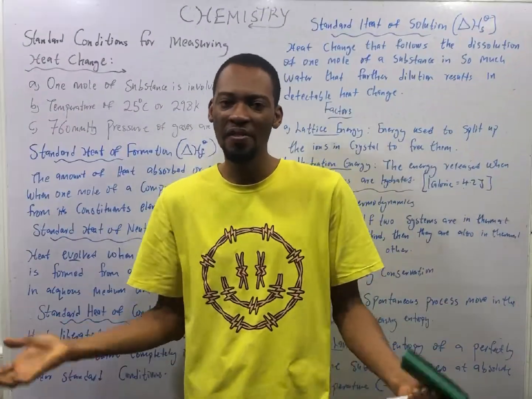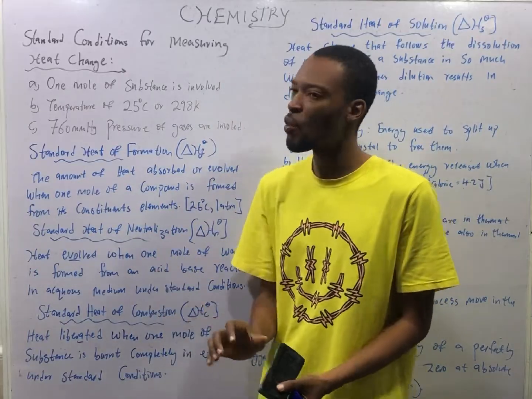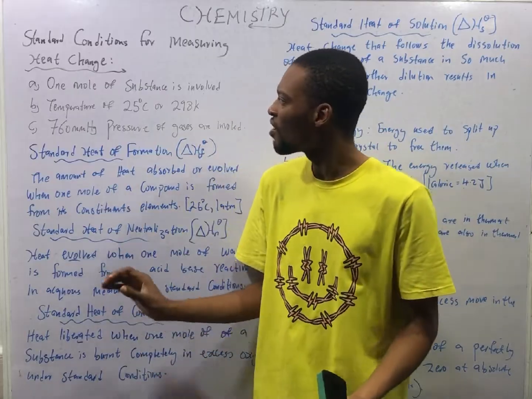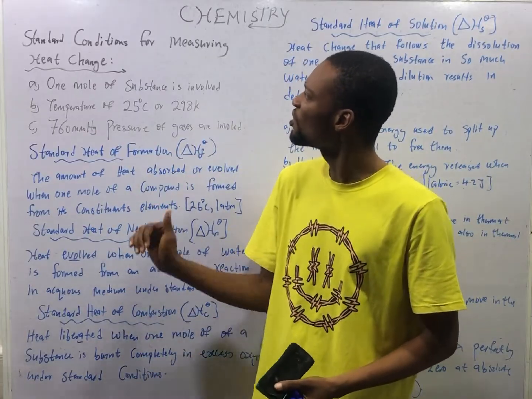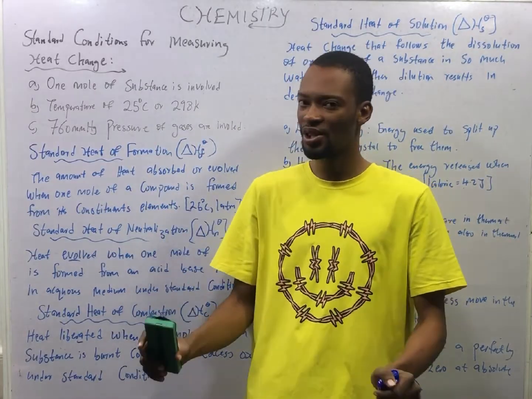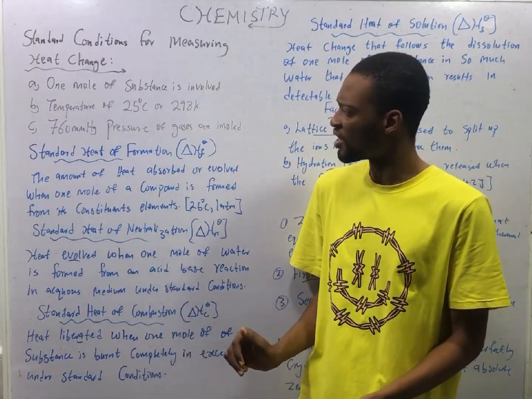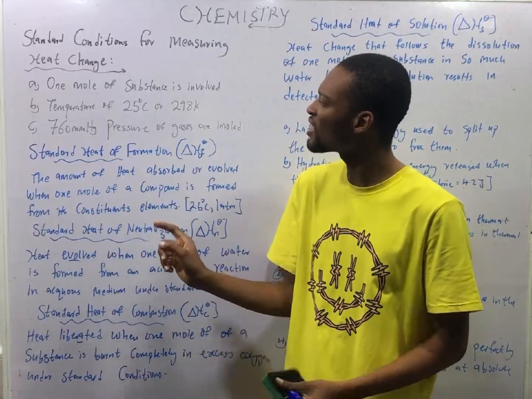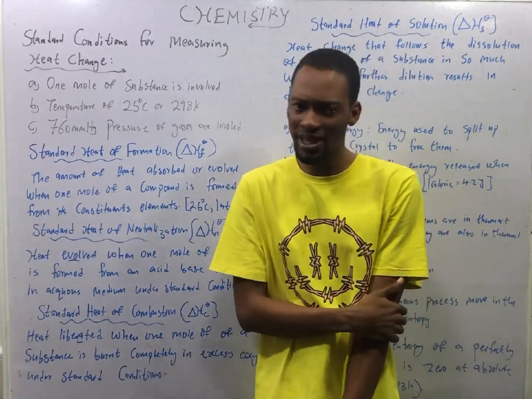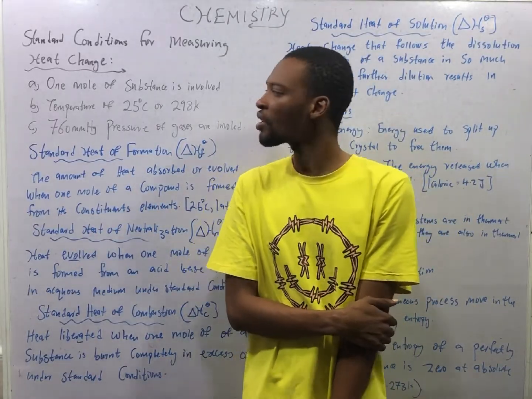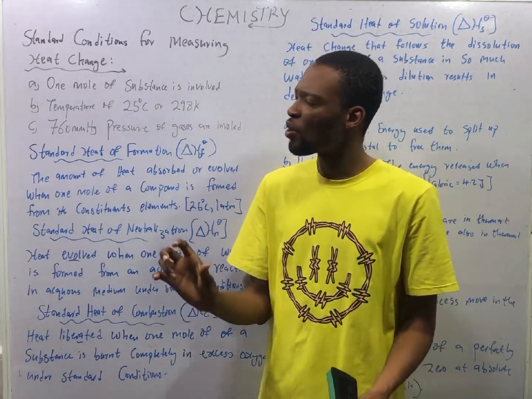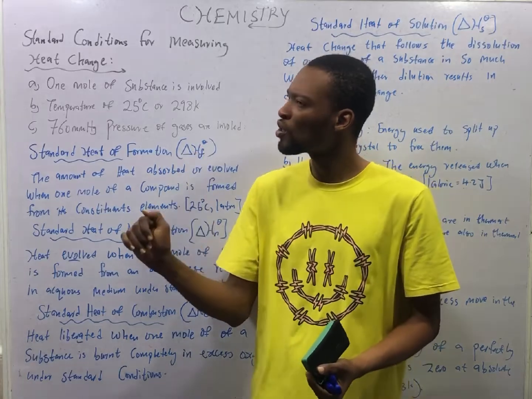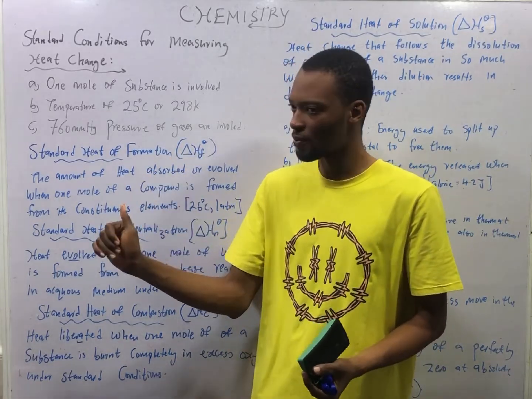Now let's look at other things that are important when it comes to energy changes or heat changes. The first is standard conditions for measuring heat change. To measure heat change, we have 3 standard conditions. The first one is that 1 mole of substance is involved. 2, temperature must be 25 degrees Celsius or 298 Kelvin.